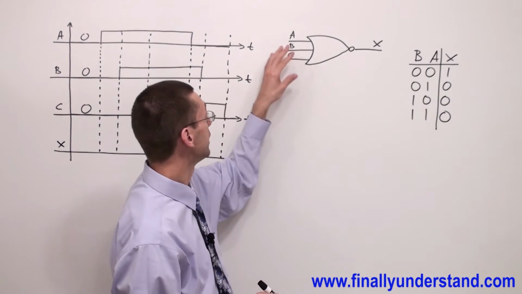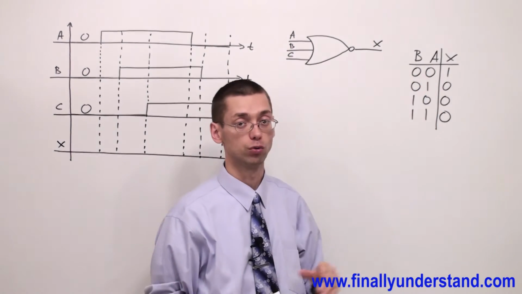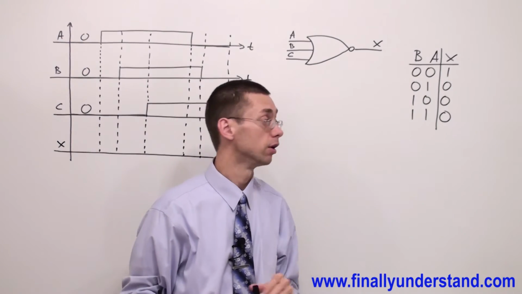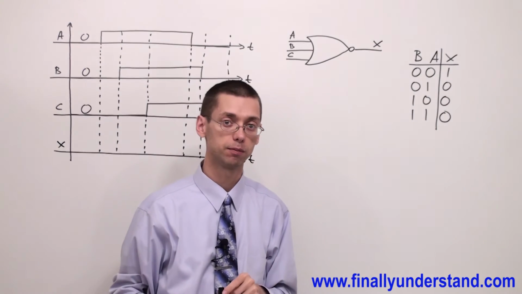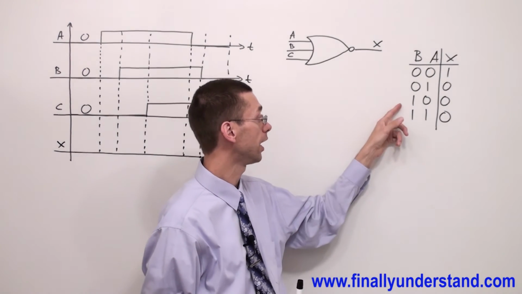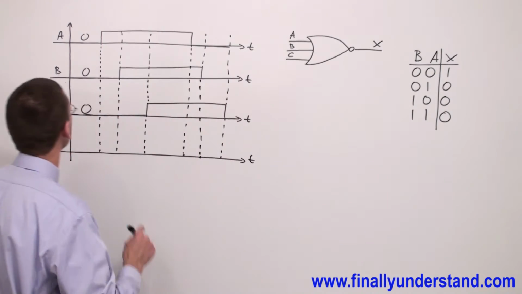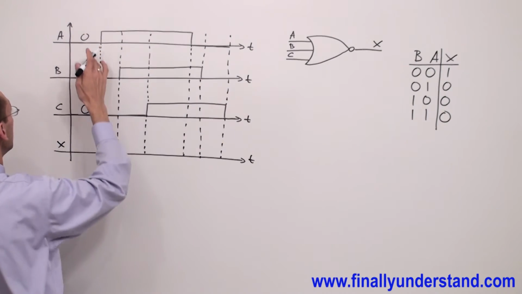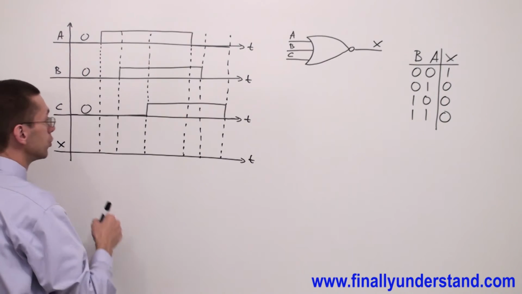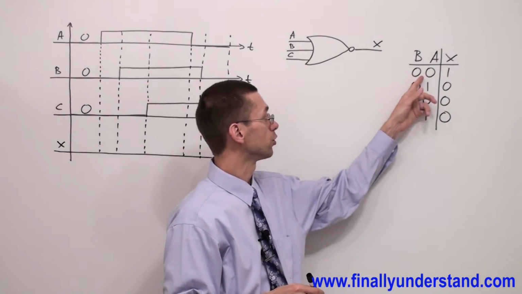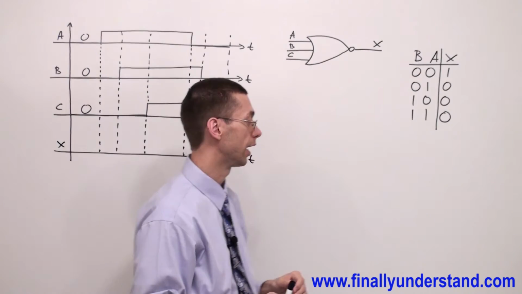No matter how many inputs you have, if all of them receive 0, the output is going to be 1. If at least one of them is high, the output is going to be 0. So we have all inputs receiving 0 at this time. When we have all zeros at the inputs, we are going to have high at the output.